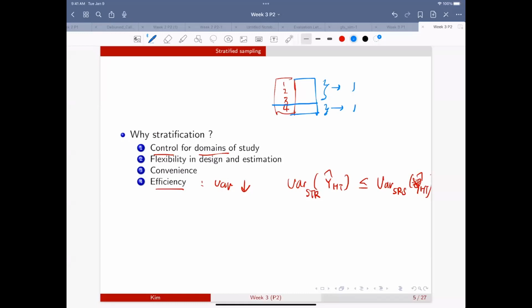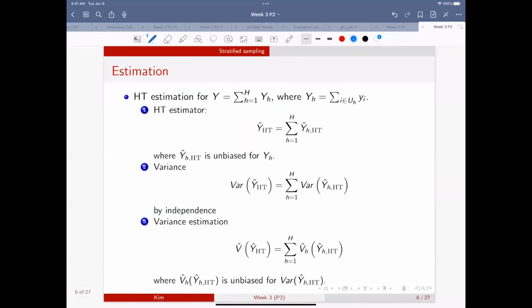That means within the stratum, Y values are relatively homogeneous, but between strata, they are more heterogeneous. Then it can be regarded as a good stratification. We'll see that soon. Good question.